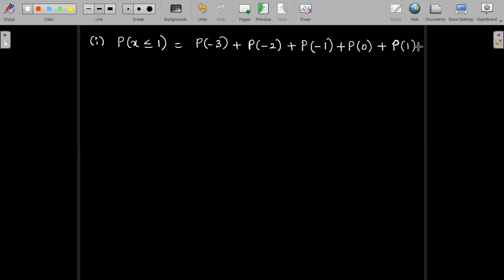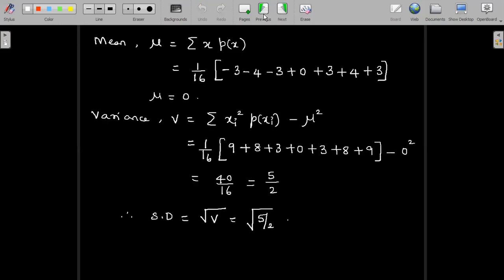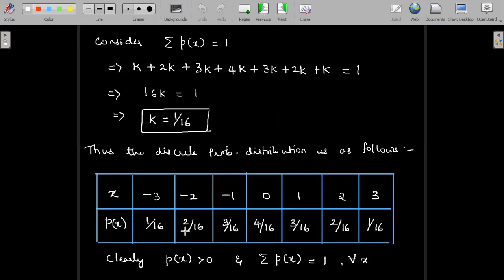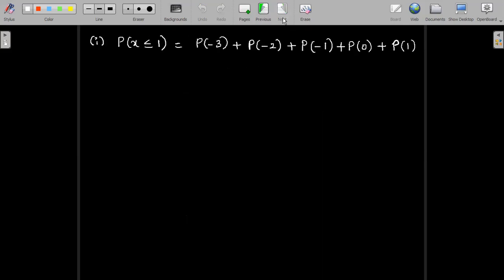Here x less than or equal to 1 means all these values of x, and their probabilities have to be summed up.